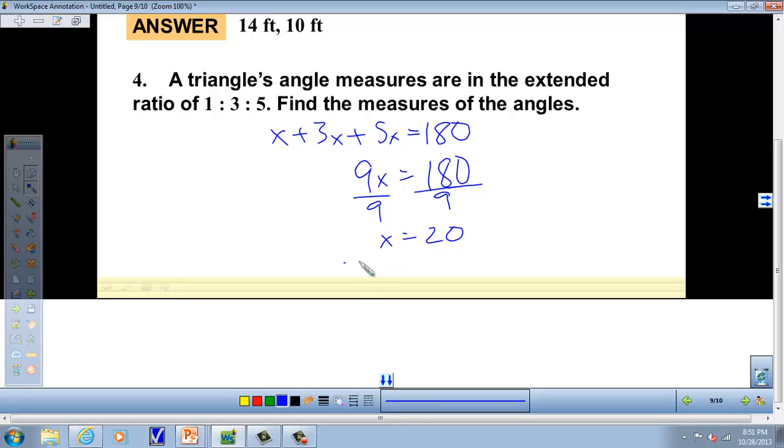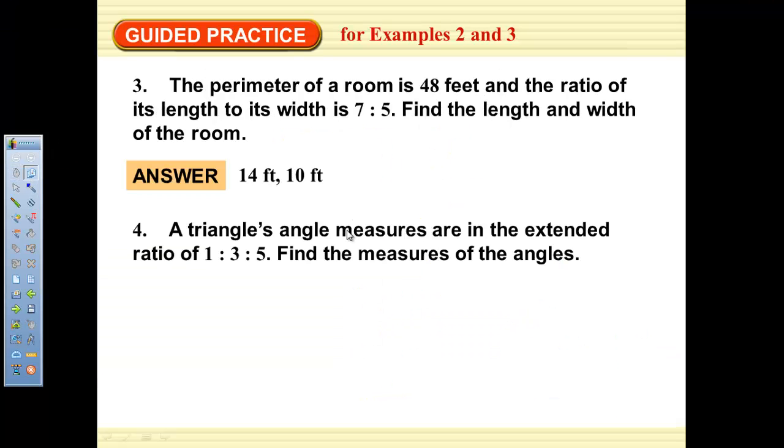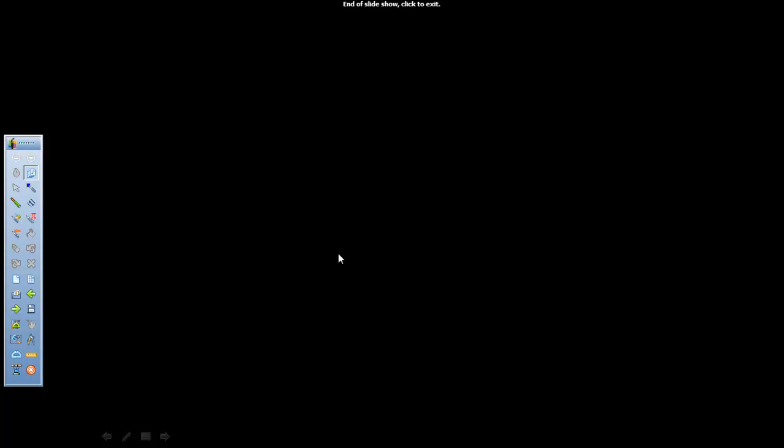We also want to know what 3x is. 3x is equal to 3 times 20, or 60. And then 5x is equal to 5 times 20, or 100. So we get 100 degrees, 60 degrees, and 20 degrees. Those add up to 180, so we know we did it right. And that's it. Thank you.